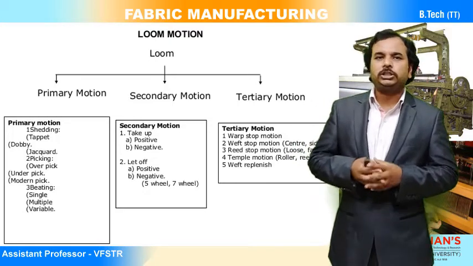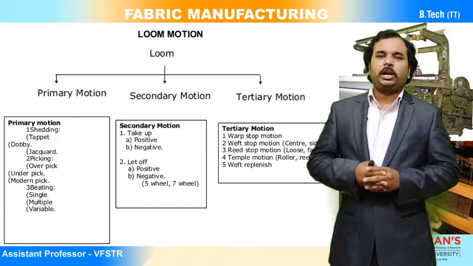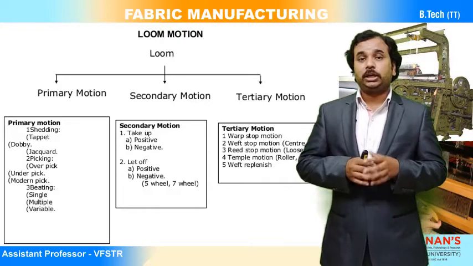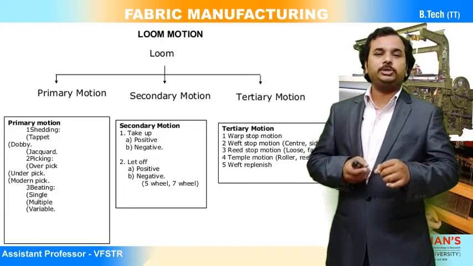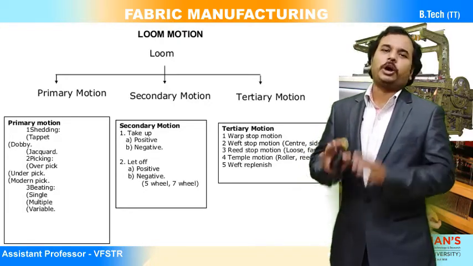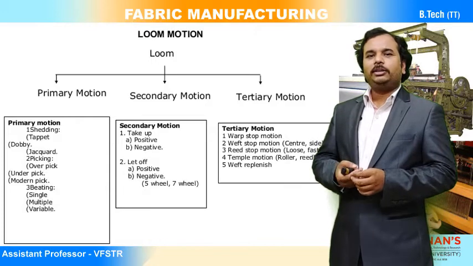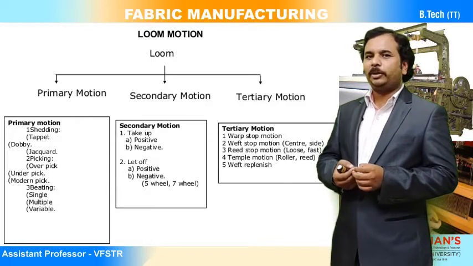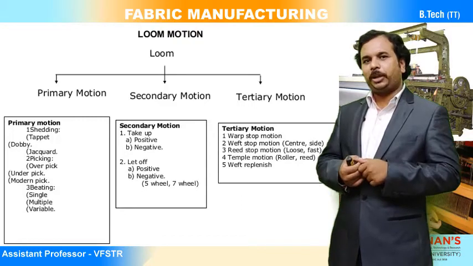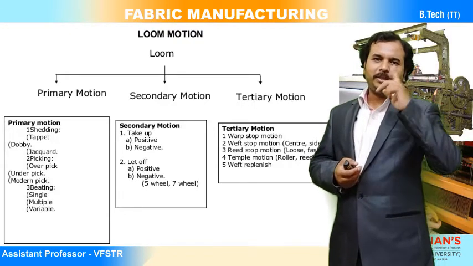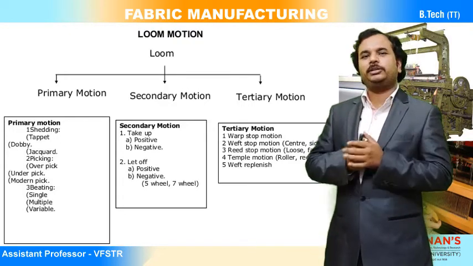And now the tertiary or auxiliary motions. Tertiary or auxiliary mechanisms include warp stop motions, for when a warp yarn breaks. We need to stop the loom, because if the yarn is missing at a particular place, there will be a bad appearance of the fabric.